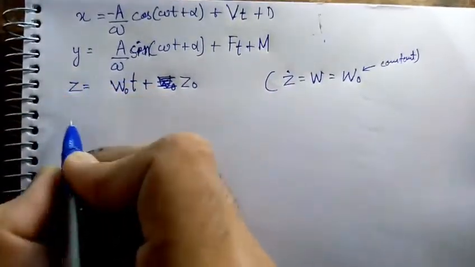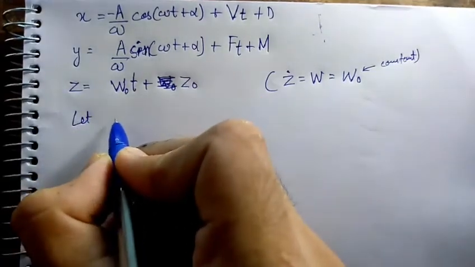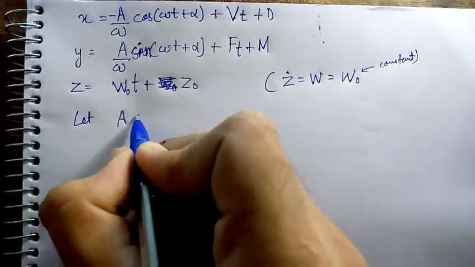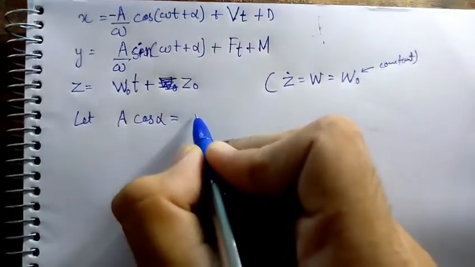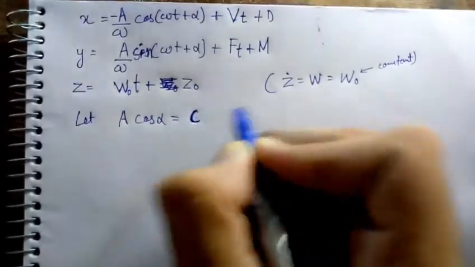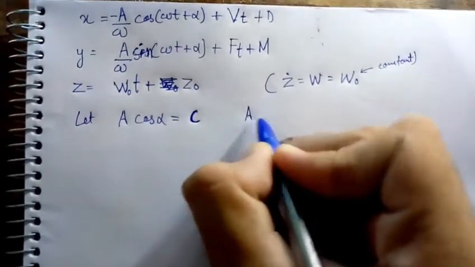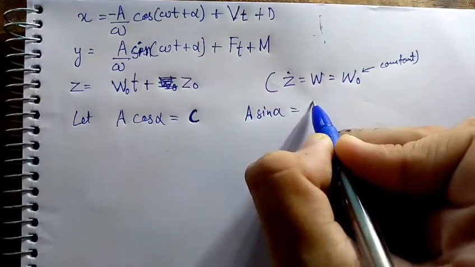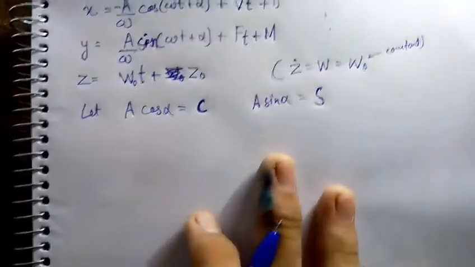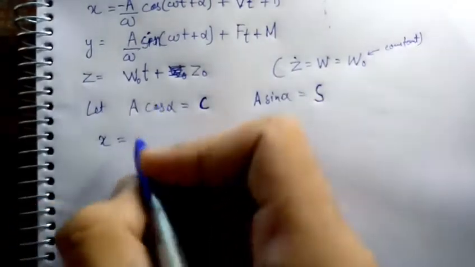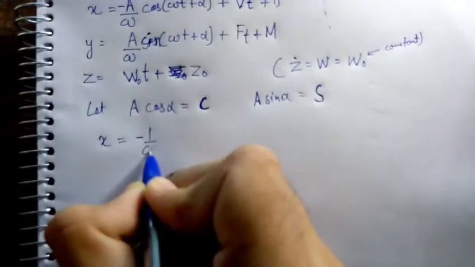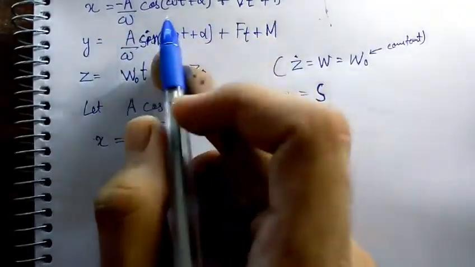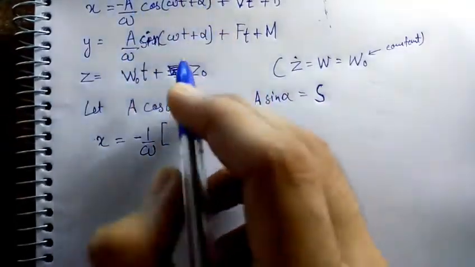So let's assume A cos alpha is capital C, for the sake of convenience, and A sin alpha is capital S. Again, A cos of omega t plus alpha, we are expanding the cos, compound of angles.